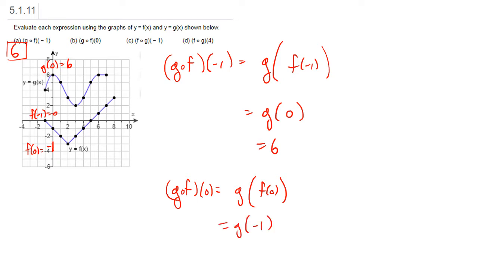So we now need to compute g of -1. Looking at the graph for g, if I plug in -1, we appear to have out a value of y equals 4. So based on this picture, g of -1 equals 4. So overall, g of f of 0, well, f of 0 is -1, and g of -1 is 4, so g of f of 0 is 4.